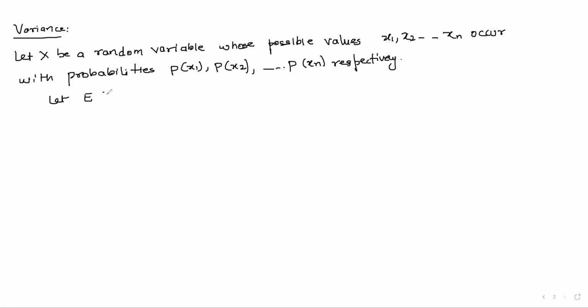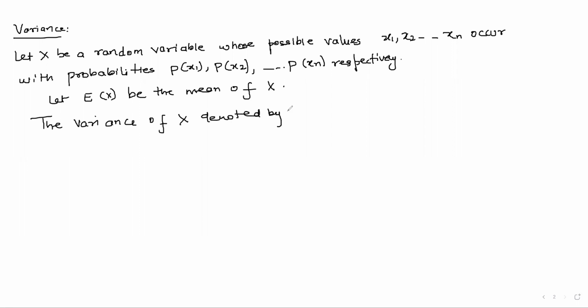Let E(X) be the mean of X. Okay. The variance of X, denoted by Var(X) or sigma X square, is defined as sigma X square is equal to variance of X is equal to summation.